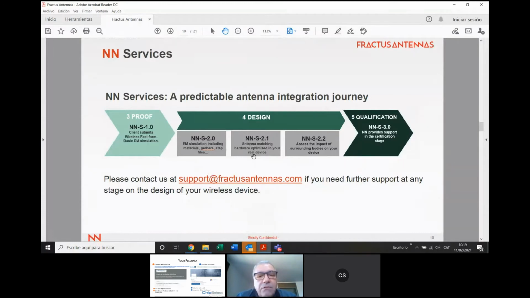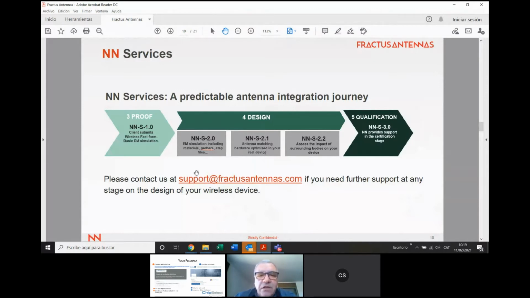The next step is to go from simulation to real measurement. As you know, in antennas and RF designs, it is very important to distinguish between simulation and real measurement, because there are losses in many parts of the circuit and the design, like components and so on.